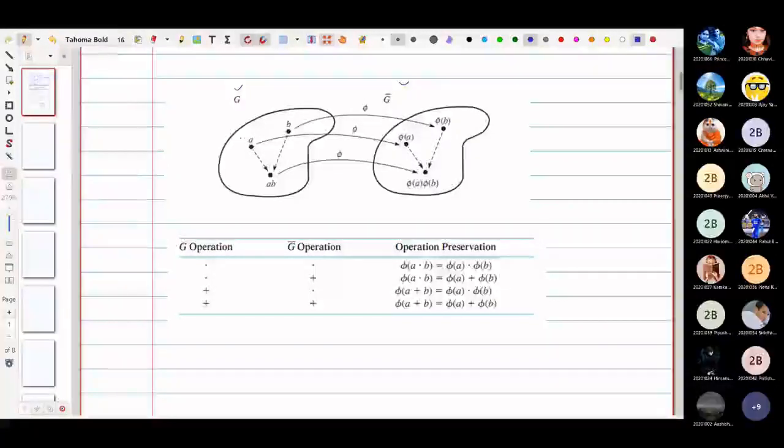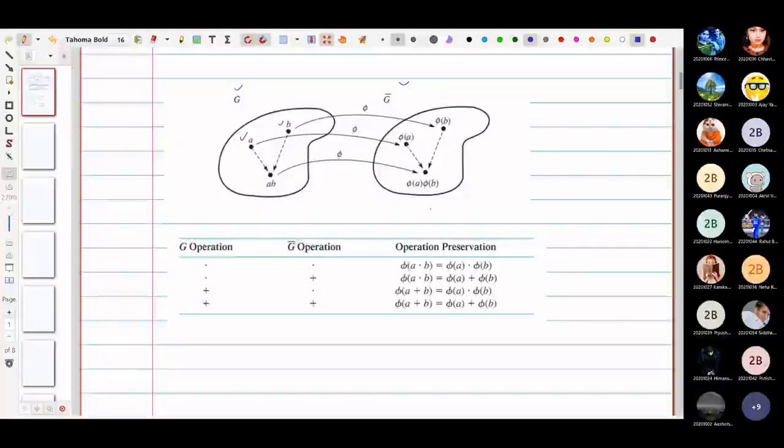If you take two elements A and B, A is mapped to phi of A, B is mapped to phi of B, and of course because G is a group, when we operate these two, we get AB, which will be mapped onto phi of A times phi of B. So this is a representation of homomorphism. And in addition, if it is 1-1 and onto, then we say that this is an isomorphism.